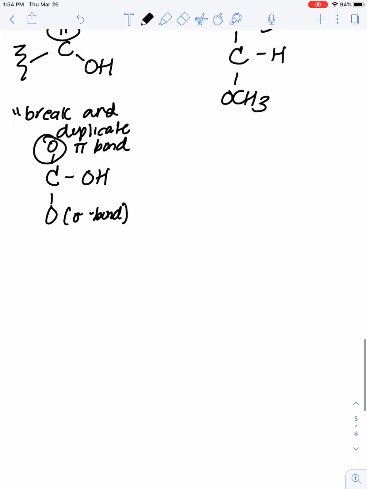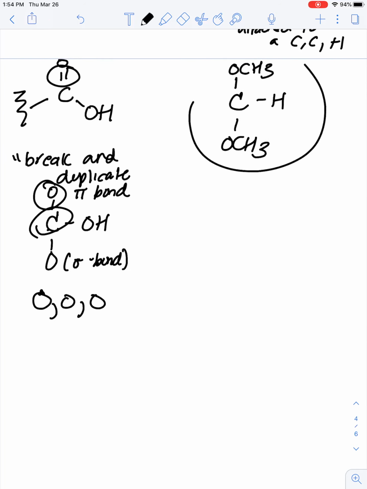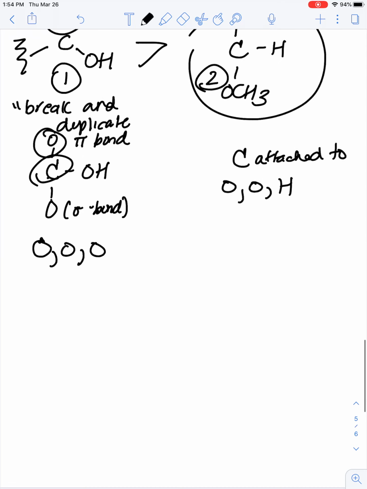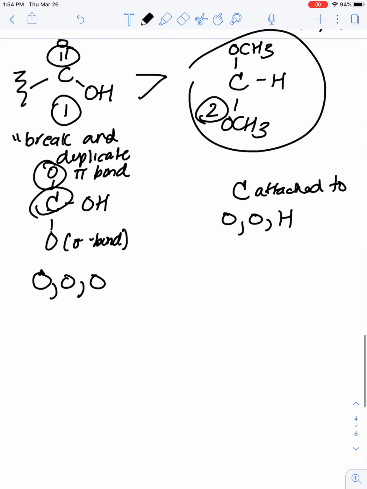So this is coming from the pi bond. This carbon here is attached to an oxygen, oxygen, oxygen. When we look at this compound right here, we have a carbon attached to an oxygen and a hydrogen. So when we're comparing this one versus this one, number one is going to take higher priority, just because of that carbon being attached to 3 different oxygen atoms.